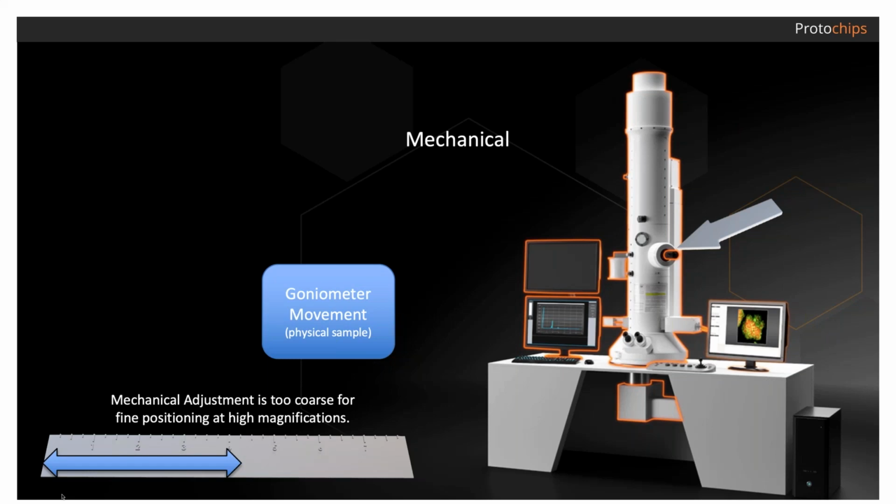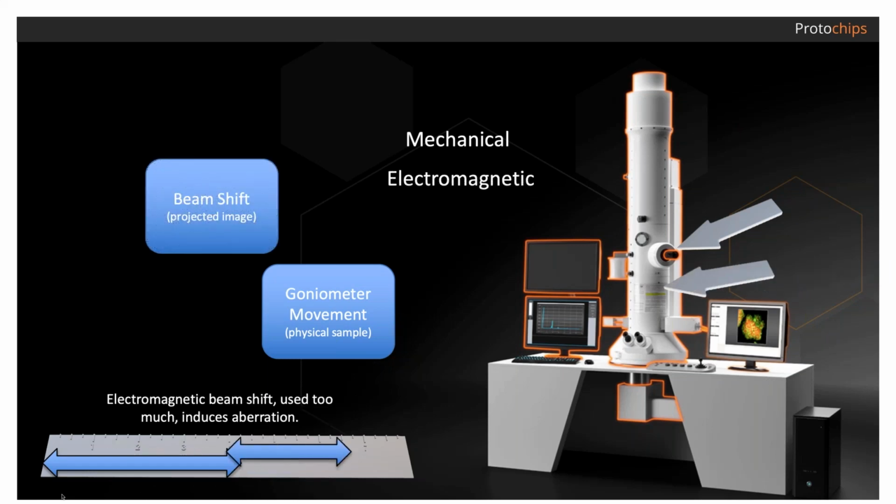Well, you wouldn't use this at very, very high resolution conditions to touch up the position of a sample. You'd probably lose it. But then there are finer modes of operation like beam shift, where you're actually moving the projected image. And that's much better for higher resolution and higher magnification situations, but you've got to be judicious with the use of that, because if you use it too much, you'll induce aberrations into the electron beam that'll destroy your imaging quality.